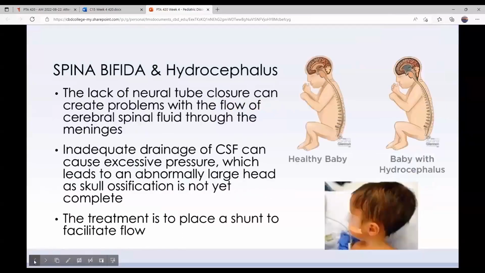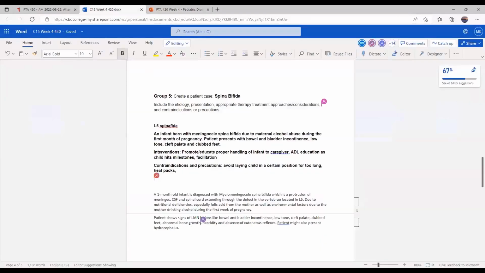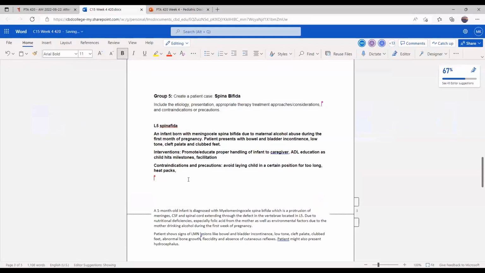Now, the other thing to take note with this spina bifida, so this patient case, it was an L5 spina bifida occurring. So this is a lower motor neuron lesion. Okay. Let's say that the patient has a T10 level spina bifida.